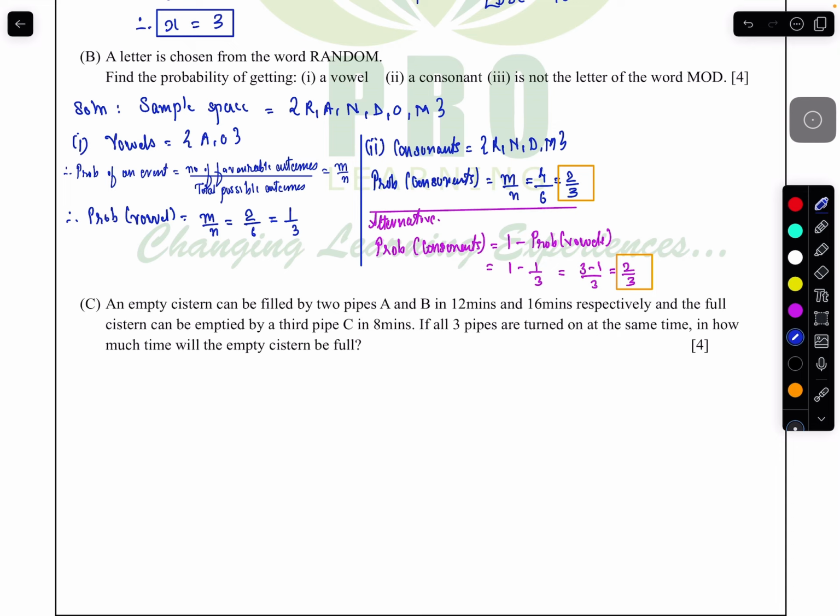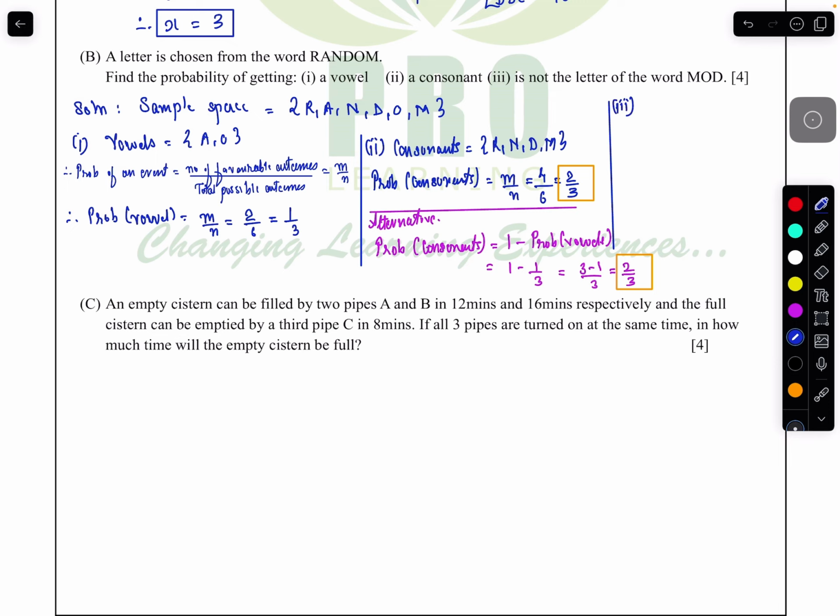The third one says: not the letter of the word MOD. So here in this case, we continue solving. We are saying not the letter of the word MOD.